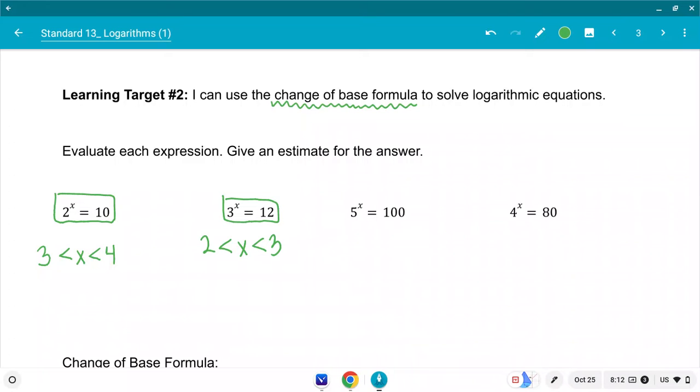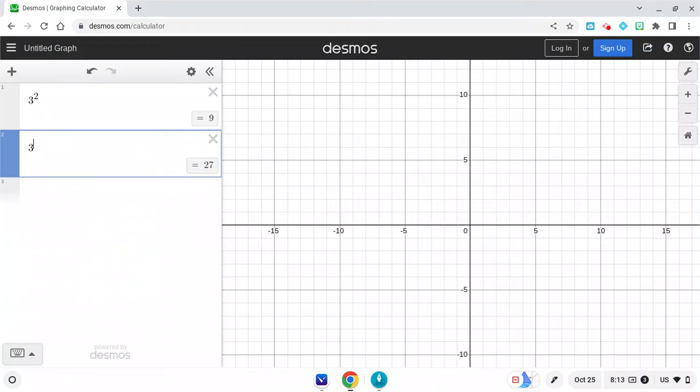It's going to be 2 point something. If you want, you could guess and check further, but I just want you guys right now just to do an estimate. Let me know what it's in between. Let's talk about this guy. 5 to what power is equal to 100?